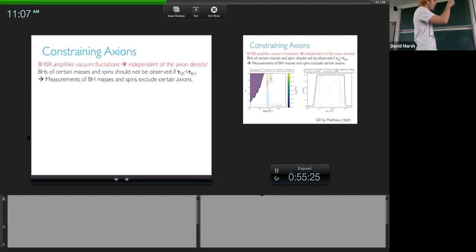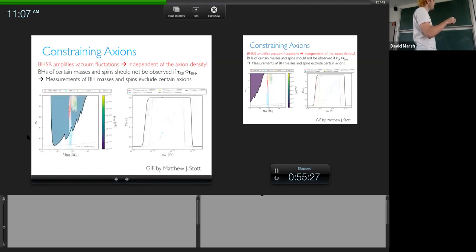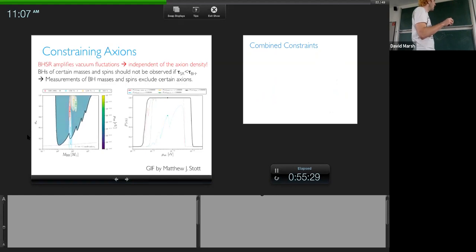Okay, so here's a really nice GIF that Matt Stott made that shows you how you get constraints from this. Here he's got the region that should be excluded for a given axion mass, in the plane of the black hole spin and the black hole mass.